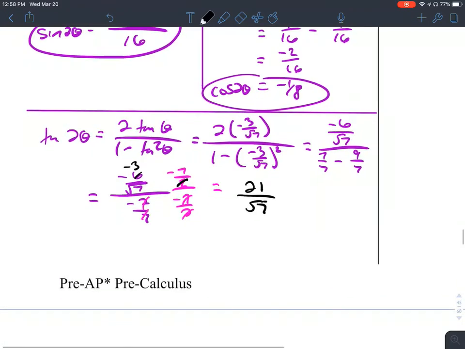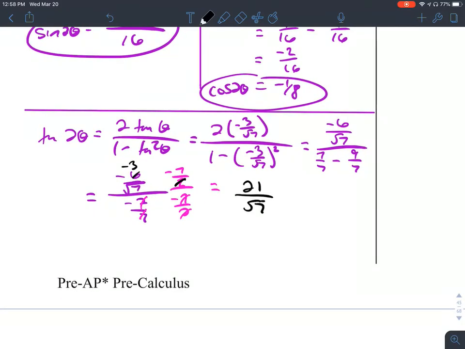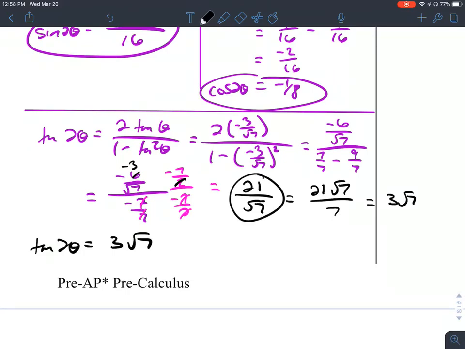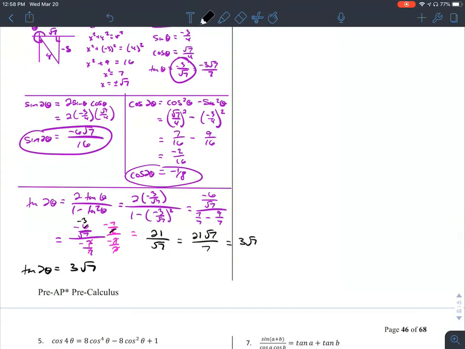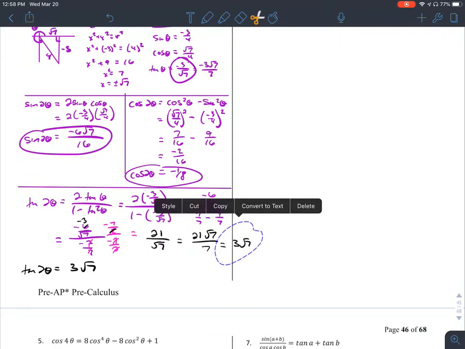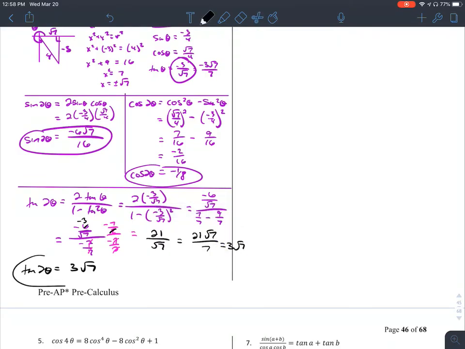If we wanted to rationalize our denominator, we could make this 21 square roots of 7 over 7, which makes this 3 square roots of 7. So tangent of 2 theta is 3 square roots of 7. Probably okay to leave it this way as well, although that's a little bit lowbrow. Moving on. Probably should also circle my answer.